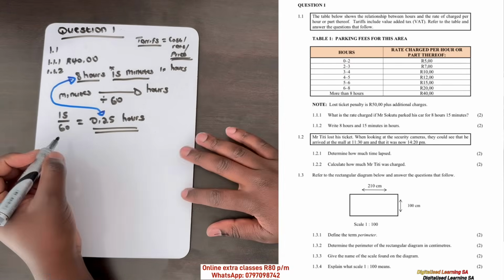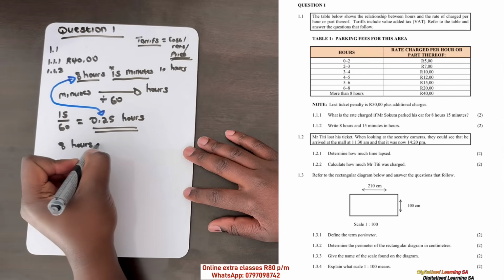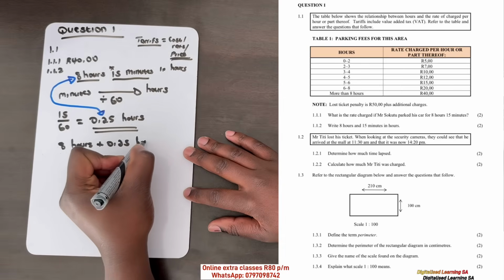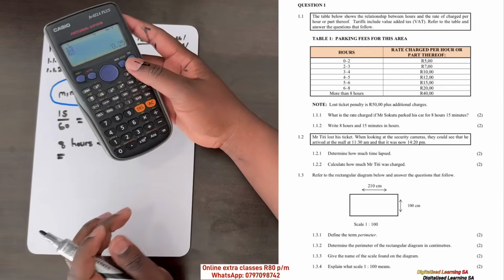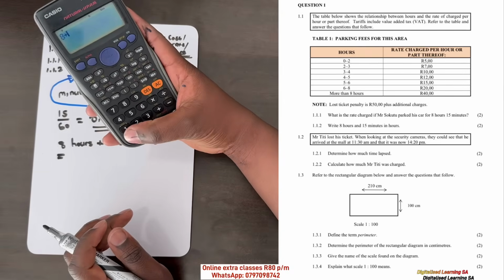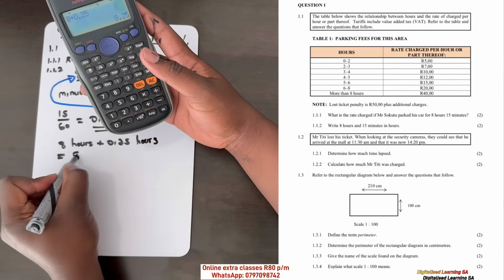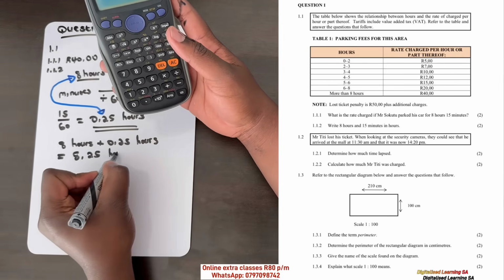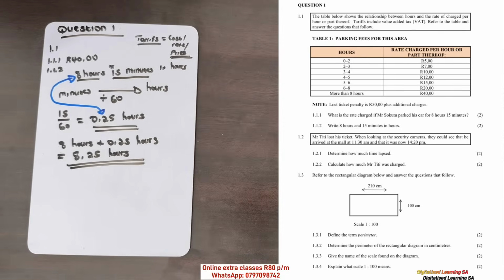So we are going to say 8 hours plus 0.25 hours. So it will be 8 plus 0.25, which will be 8.25 hours, and this will be our answer.